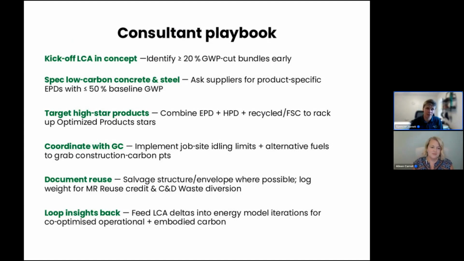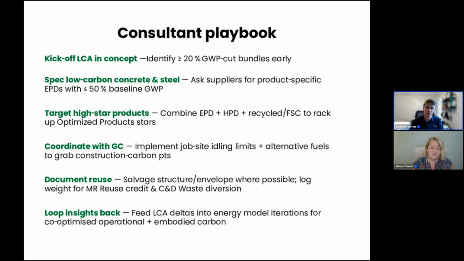The first one is a basic one that should hopefully be done anyways, but that's to organize an integrated kickoff workshop at or before 20% of your design is baked at that point. That's going to be critical to actually meeting the new prerequisite to reduce your embodied carbon impact by at least 20%. Once you get too far into design, that 20% is going to become more and more difficult to actually achieve.